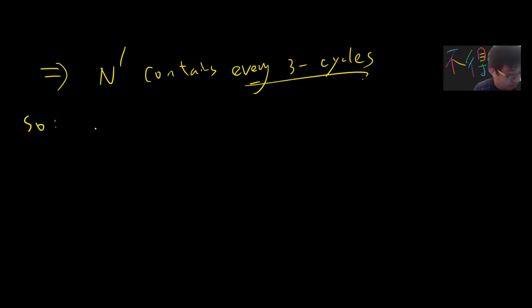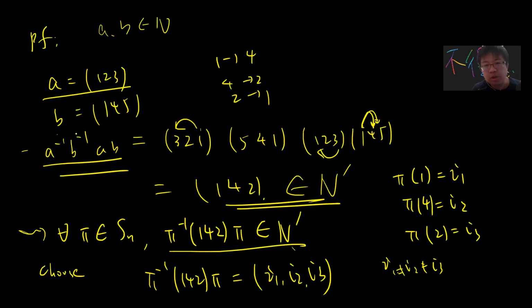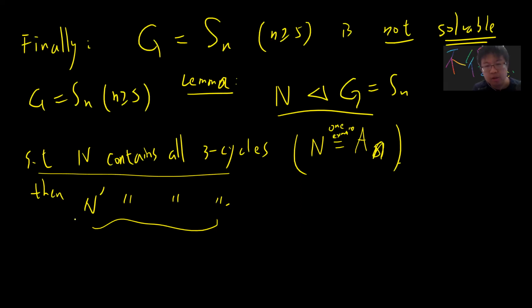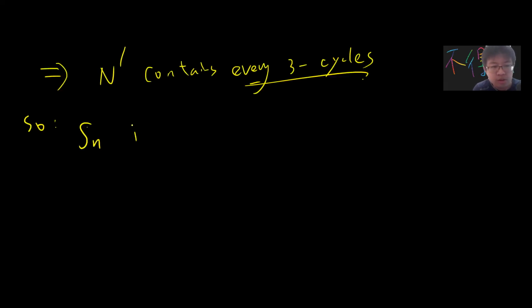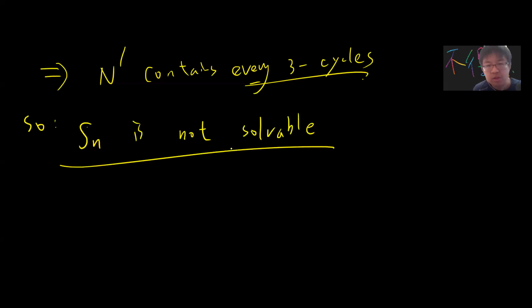So that's it, right? So N prime contains every 3-cycle. So this is the lemma. Okay, so now we can prove the result: basically, Sn is not solvable. The reason is this, right? You just take N, this original N, right?